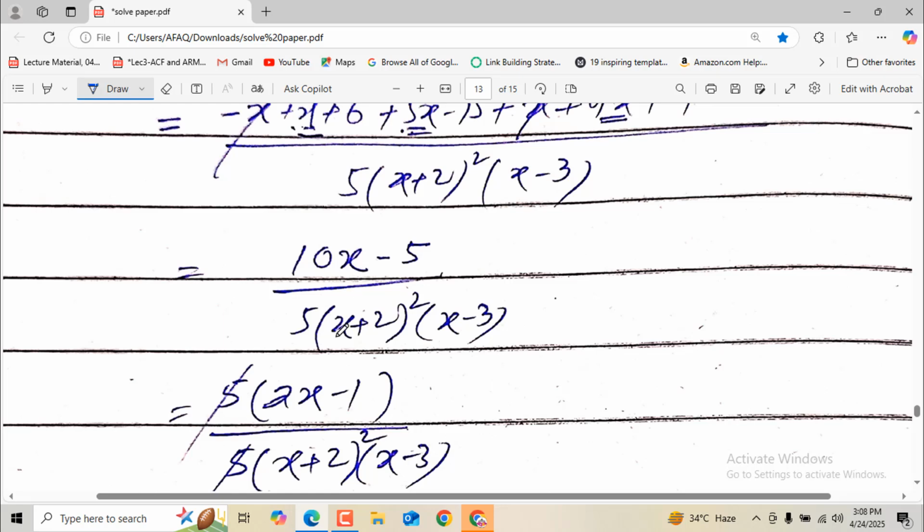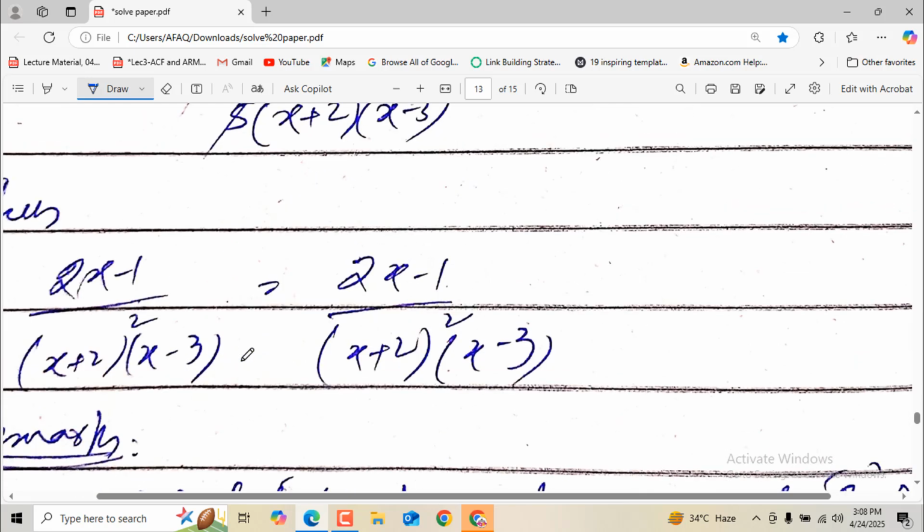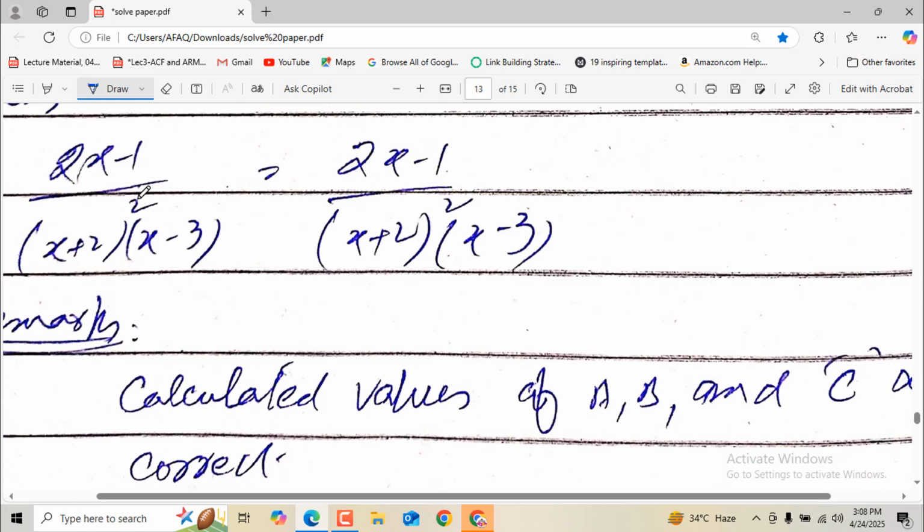So 10x - 5 over 5(x + 2)^2 (x - 3). Taking 5 common out of the numerator, 2x - 1, and 5 is cancelled by 5. Thus (2x - 1)/((x + 2)^2 (x - 3)) is equal to (2x - 1)/((x + 2)^2 (x - 3)). Left hand side is equal to right hand side.